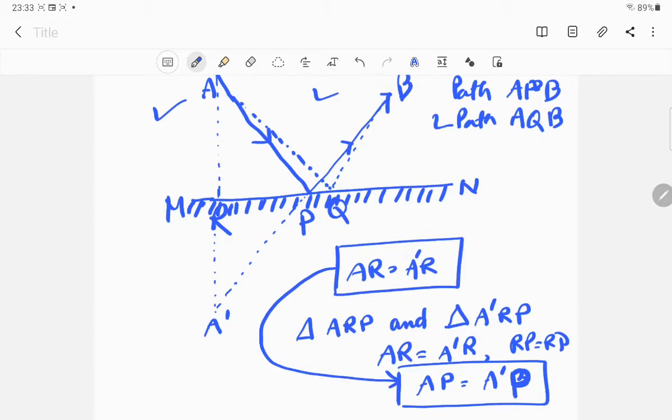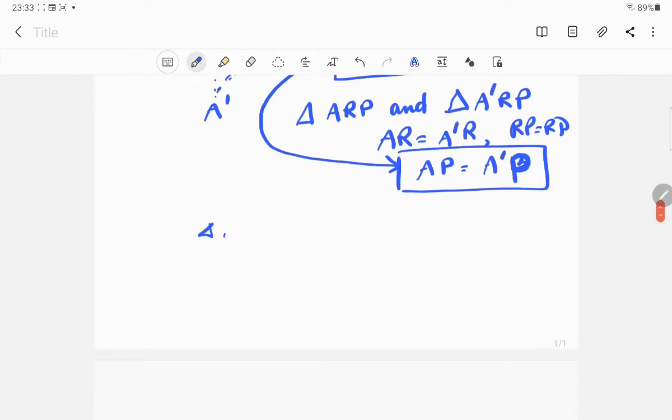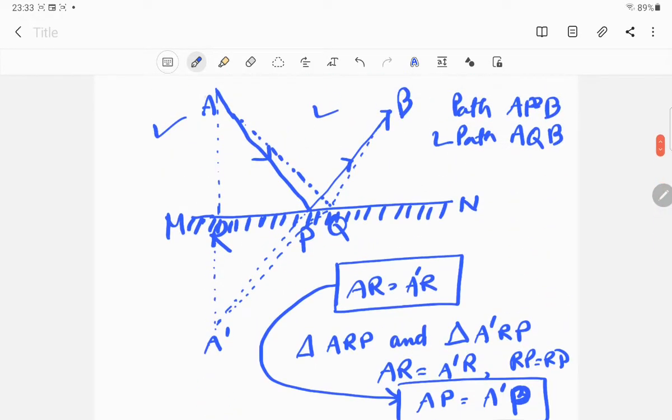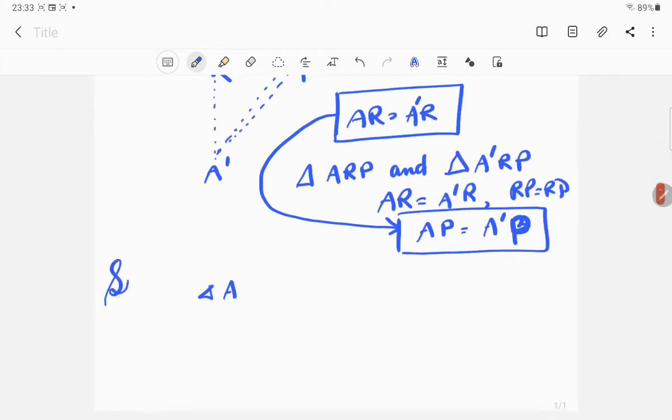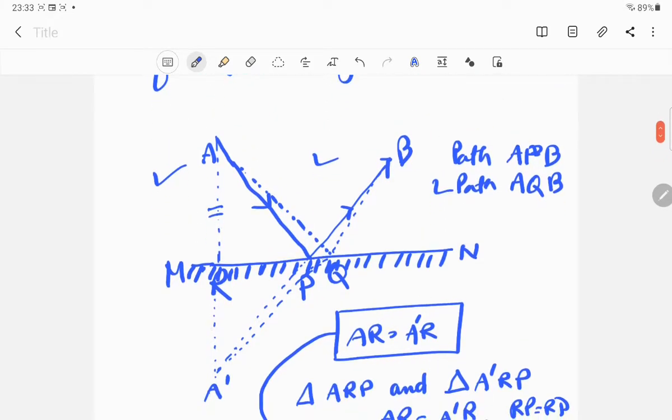Now if we do the same thing here for the triangles AQR and A dash QR, again AR is equal to A dash R and RQ equal to RQ.